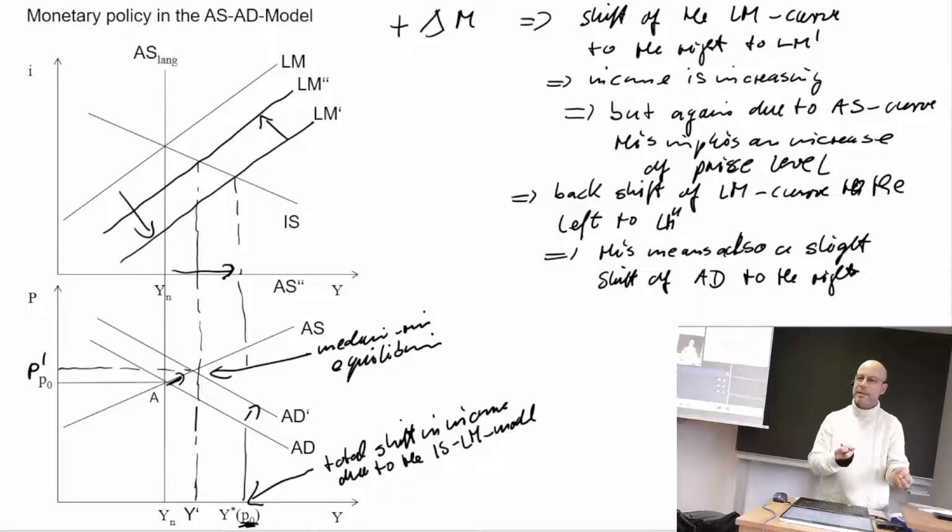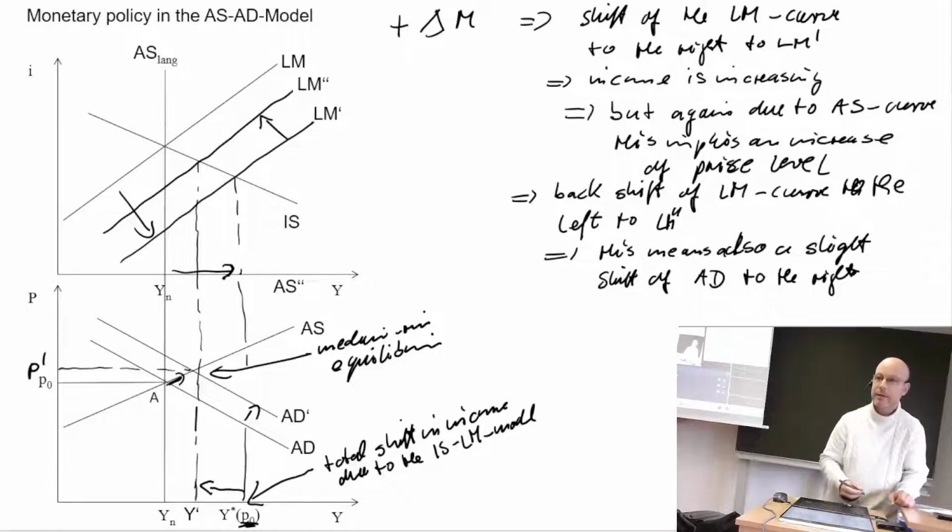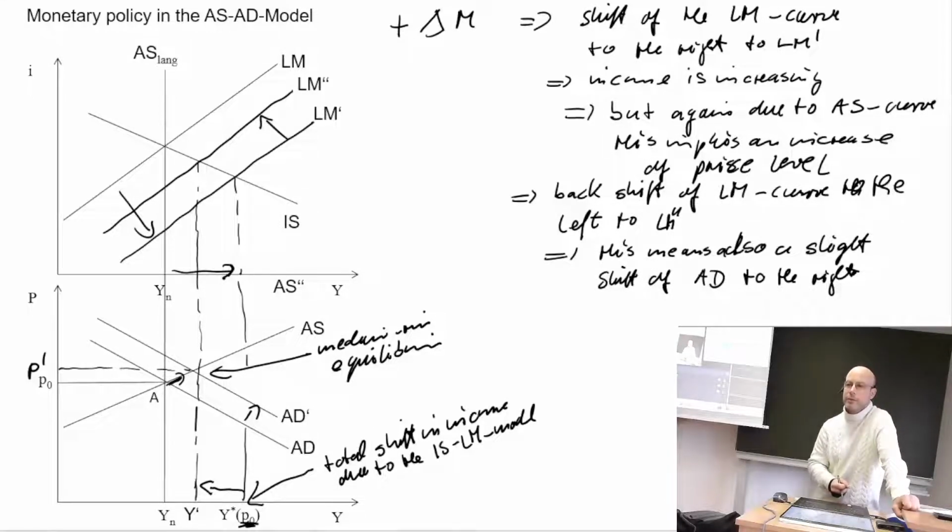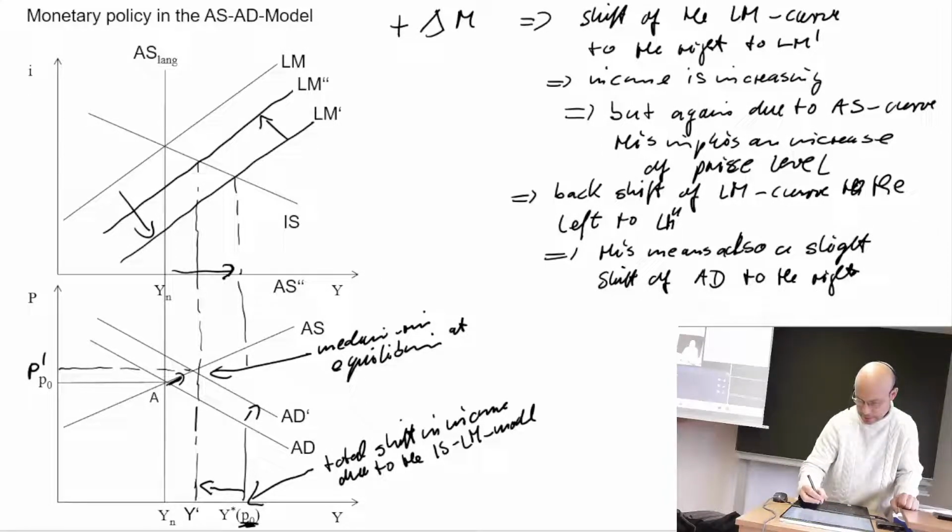Since we have the price increase, this is then going back to a bit lower level of total income, at higher income and higher prices.